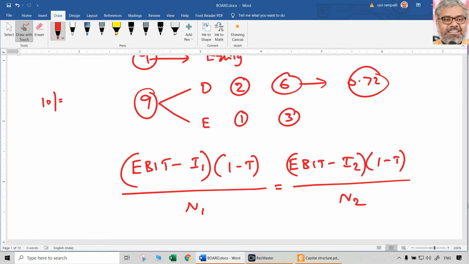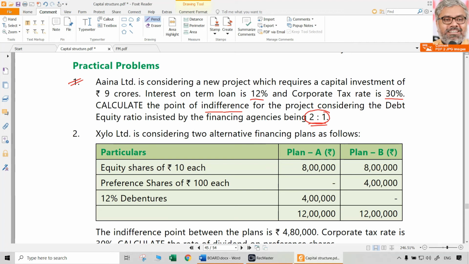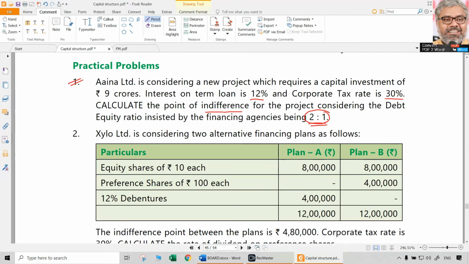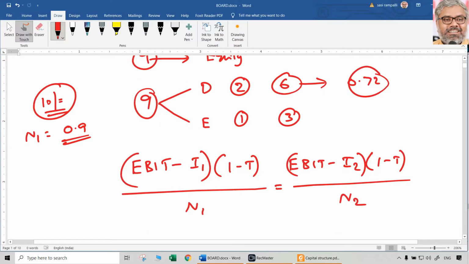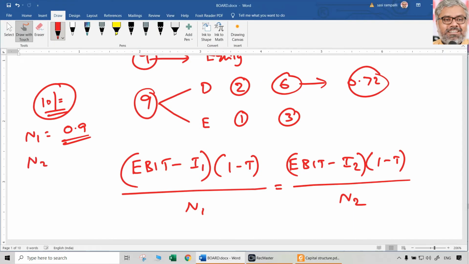If you take a face value of 10 rupees, then 0.9 crores equity shares will have to be issued in option 1. Anything can be taken. Okay, let us take 10 rupees face value. That means in option 1, N1 will be 0.9 crores shares of 10 rupees each, giving 9 crores rupees of capital. Naturally, option 2 will have only 3 crores of equity, which means you need to raise just 0.3 crores new equity shares. So we have everything.